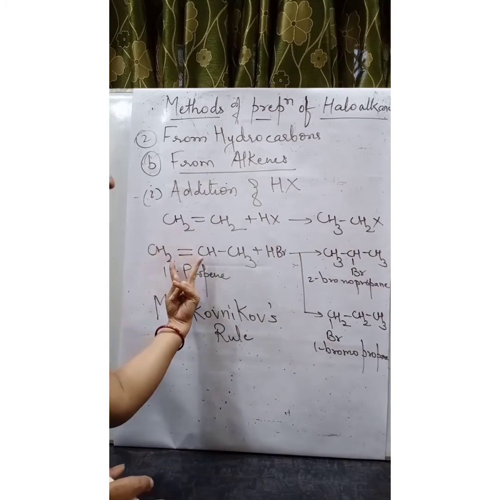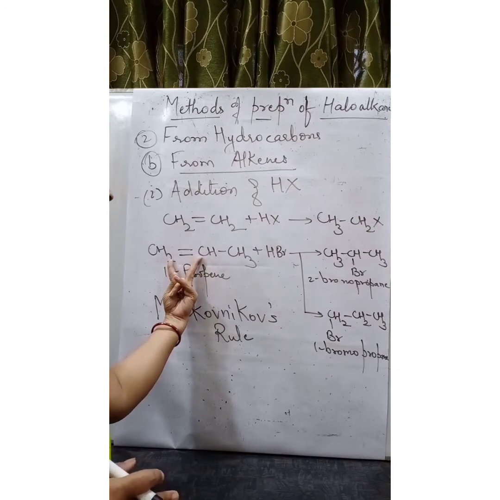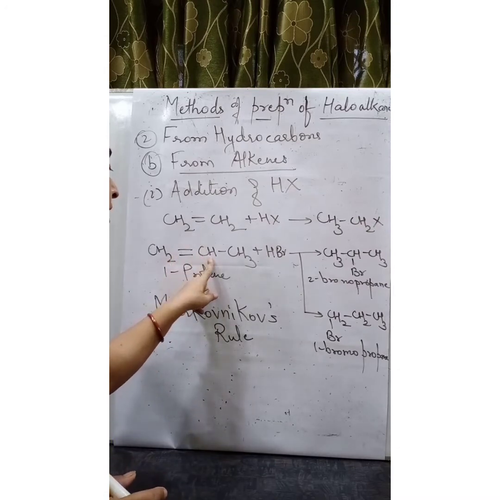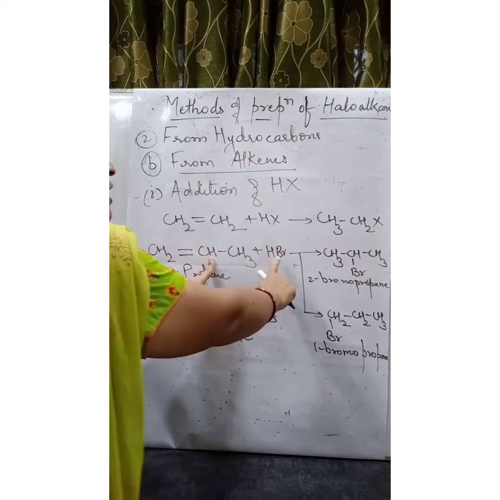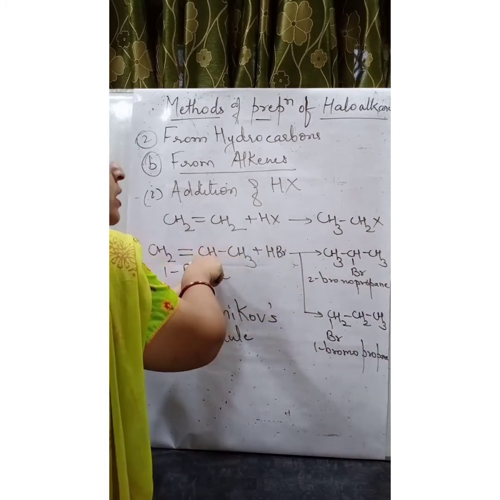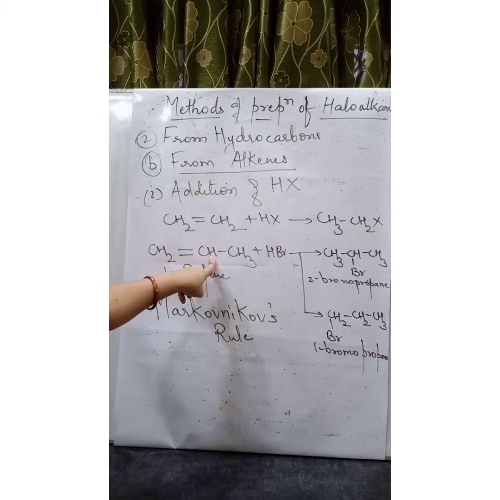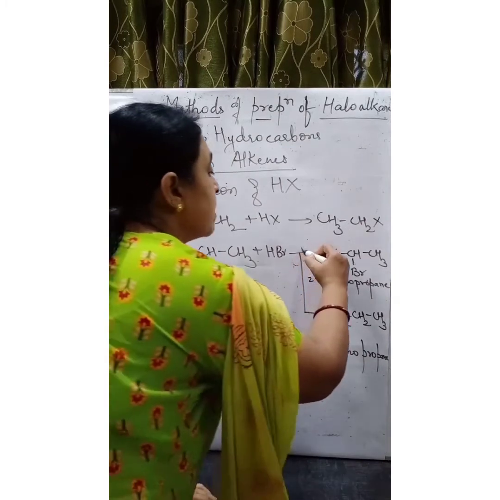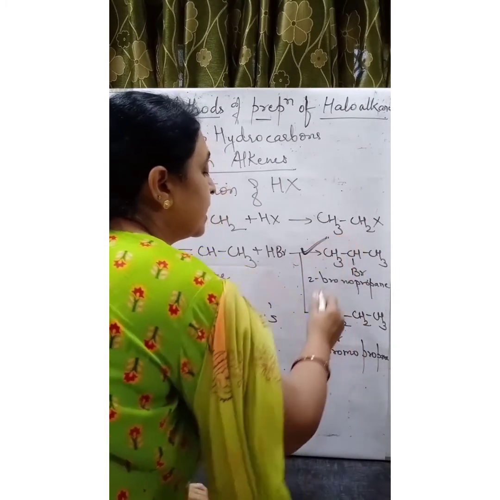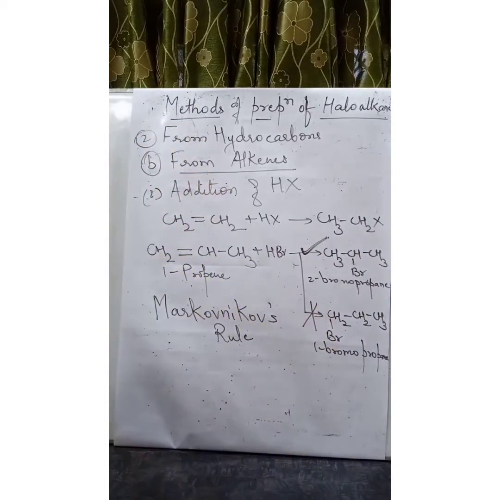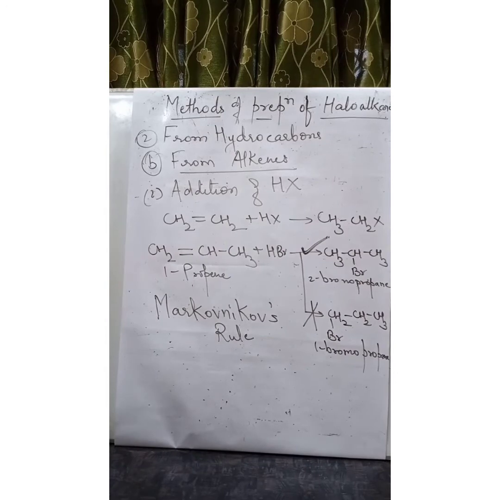So here the addition will take place, out of these two, which is having lesser number of hydrogen? This one. So the most electronegative part of the addendum will always go to the carbon containing lesser number of hydrogen. So according to Markovnikov rule, this is the correct product and this is wrong. So whenever unsymmetrical alkene is there, the addition always follows the Markovnikov rule.